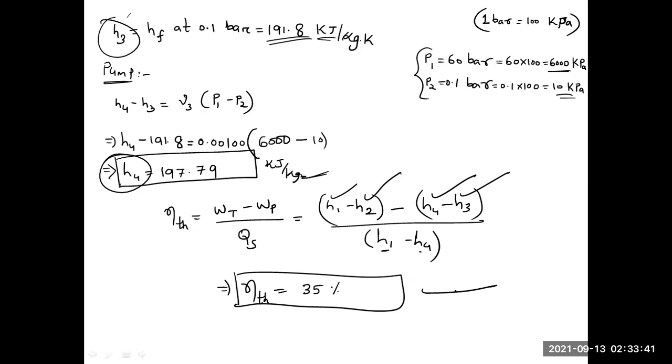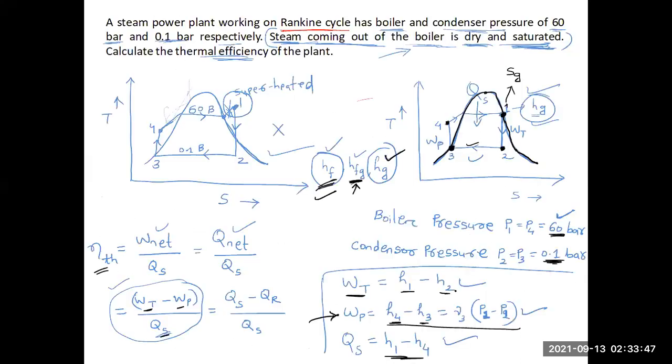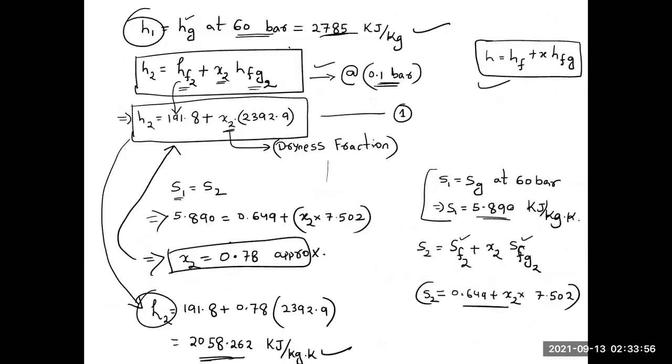So the only important thing is, by reading the question carefully, you have to plot the temperature versus entropy diagram. After plotting it, from the steam table you have to carefully take the enthalpy values.